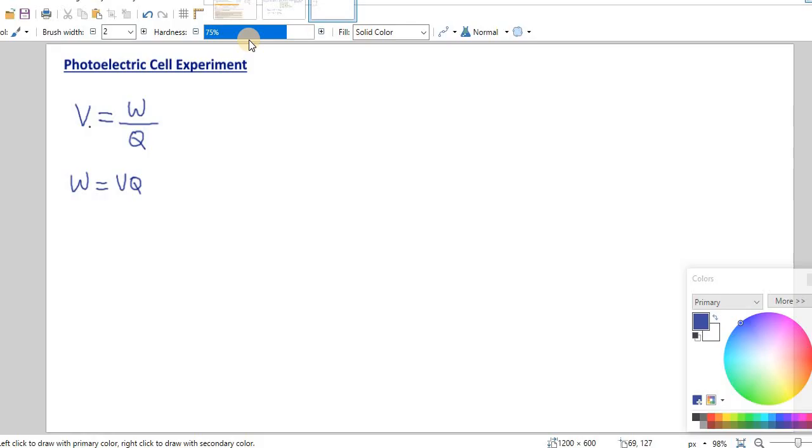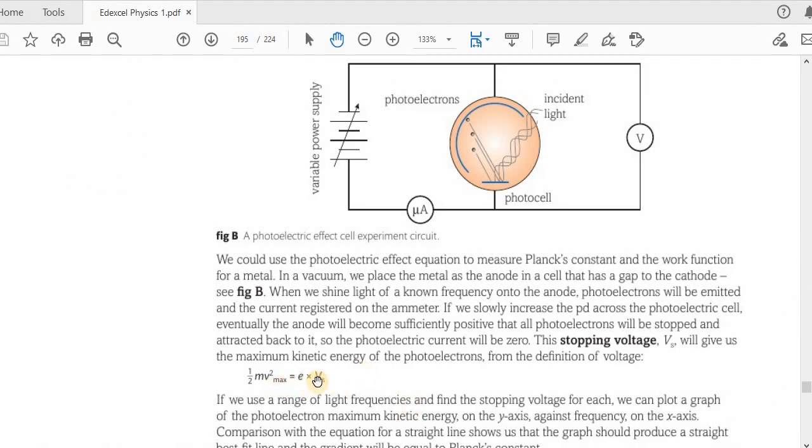Whereas resistors, cells and other components use the electrical energy from the electrons and convert it to other forms, maybe thermal energy or light energy. So here volt is the energy supplied, or the work done, divided by the charge moved. That is the energy supplied to the charges, and if we rearrange this, you get this. You can compare it with what we have here. See, E times Vs.